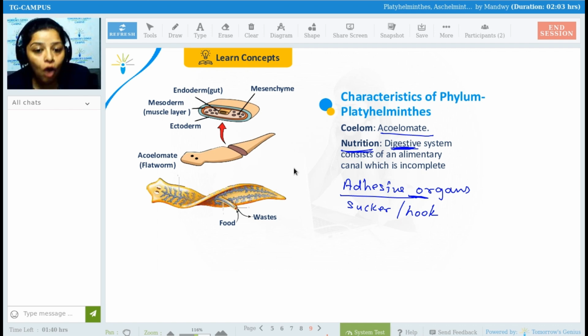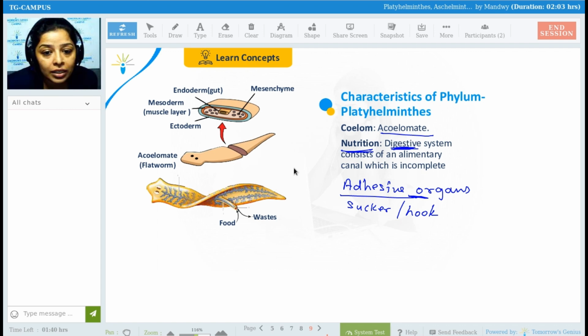Now from here the food will enter into the inner structure, that is the underdeveloped or incomplete digestive system, the digestive tract. And here the body starts to produce digestive enzymes, and these enzymes will digest the nutrients.